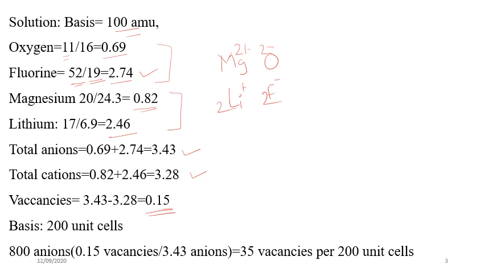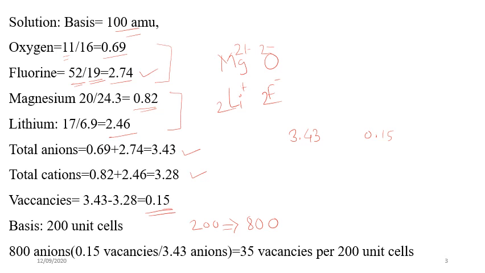So in 3.43 anions, there are 0.15 vacancies. Now we go to the basis of 200 unit cells. 200 unit cells correspond to 800 molecules.